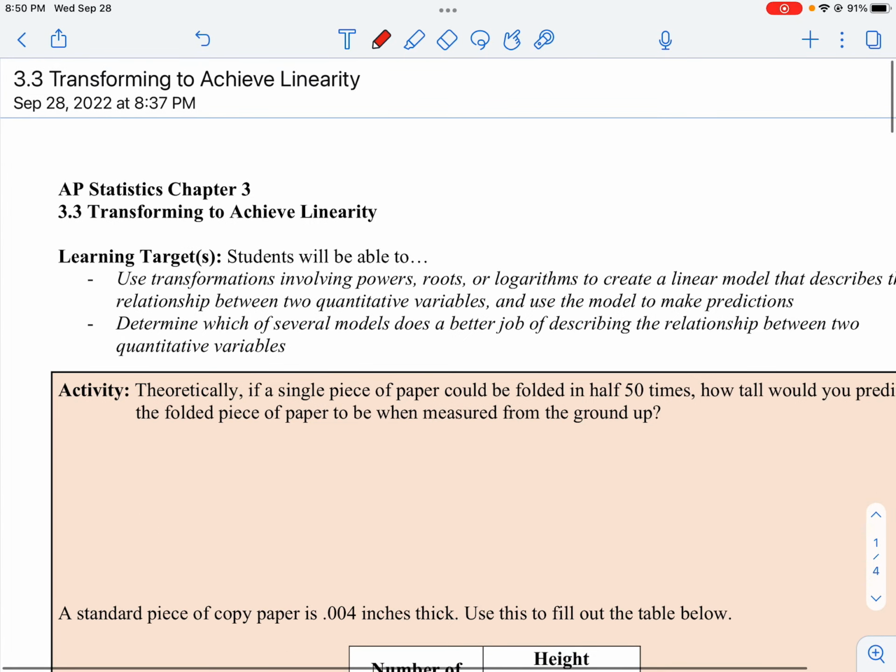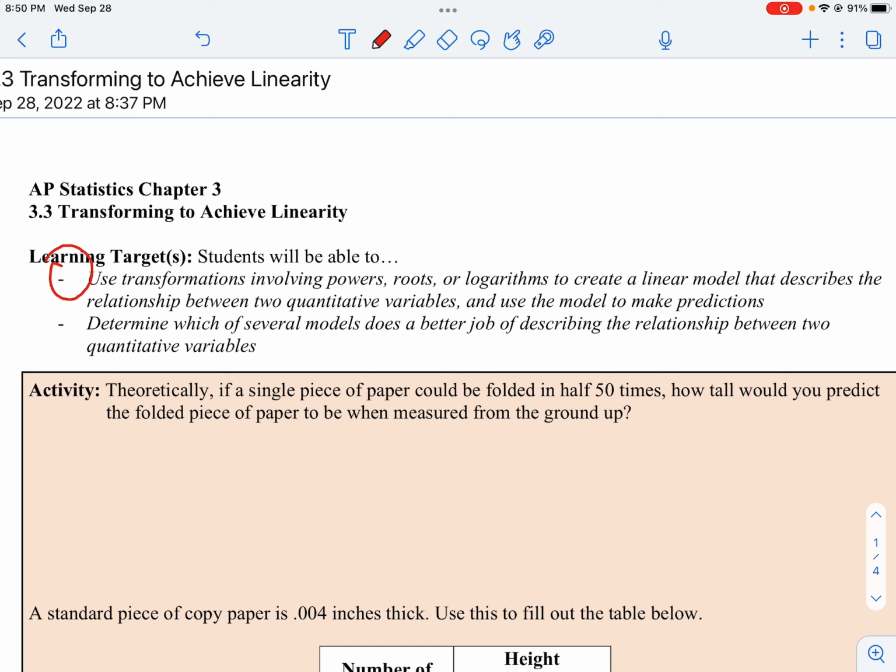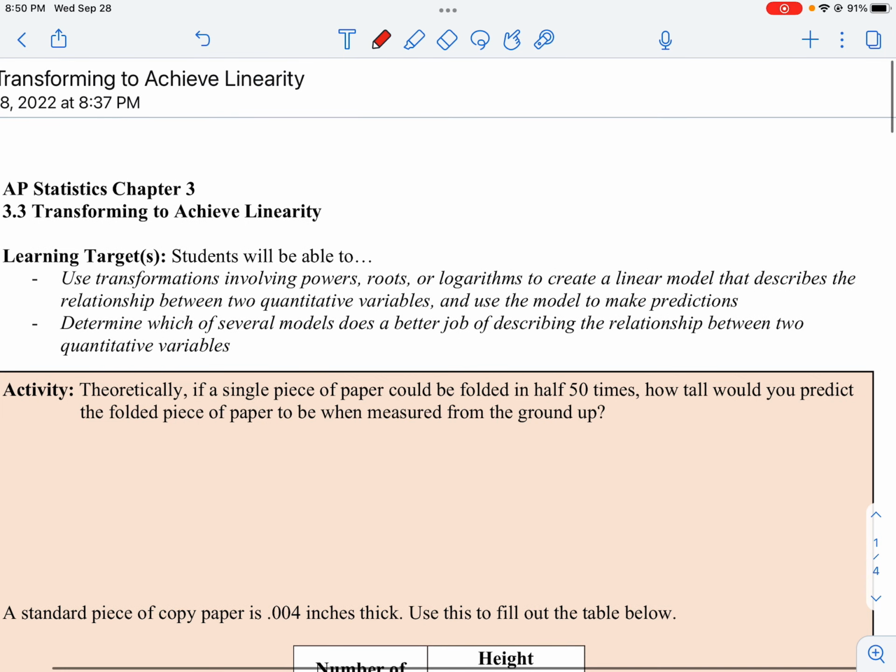So only two learning targets here. We can see our first one says that students should be able to use transformations involving powers, roots, logarithms to create a linear model that describes the relationship between two quantitative variables and use the model to make predictions.